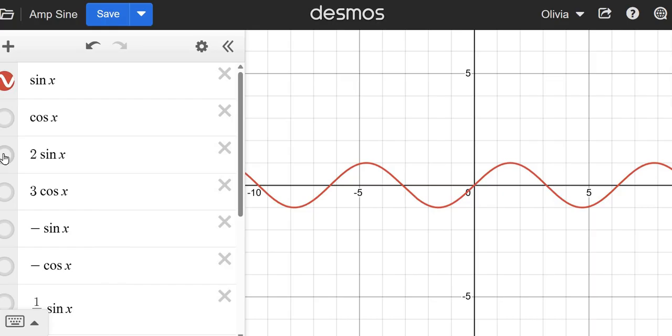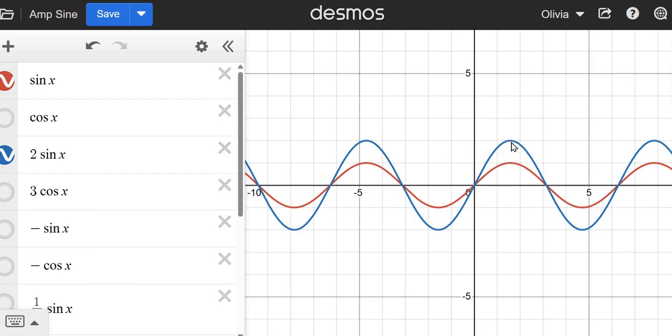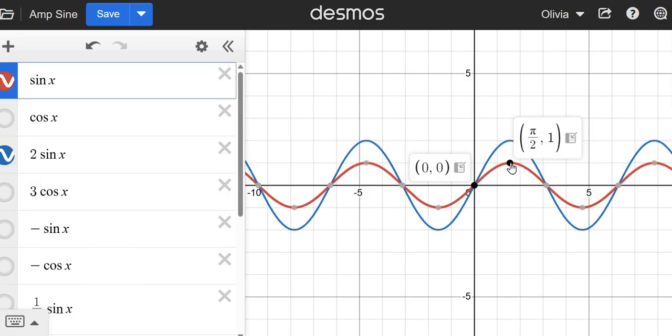So let's look at what happens if I multiply by 2 on the front side. So notice that normally we go through 0, 0, which we still do for our blue graph. For our normal parent function, our maximum is at pi over 2 comma 1.